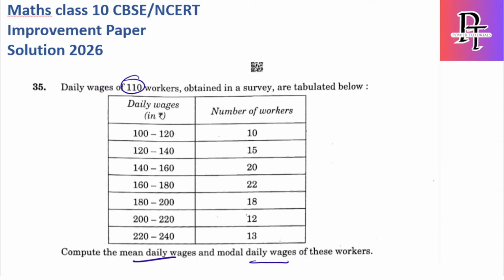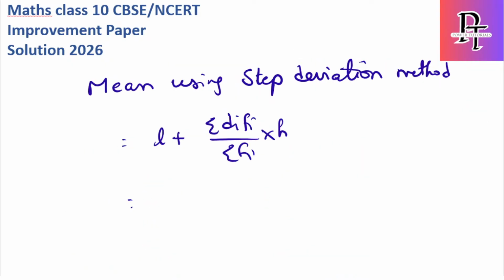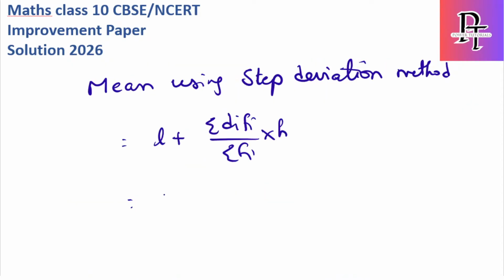Here di is XI minus A by h. Now the assumed mean A is 170. 160 plus, sorry, it's not L, it is A here.